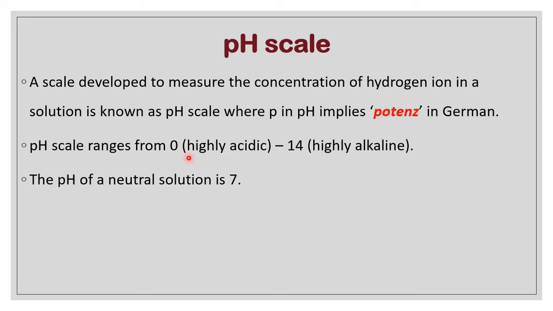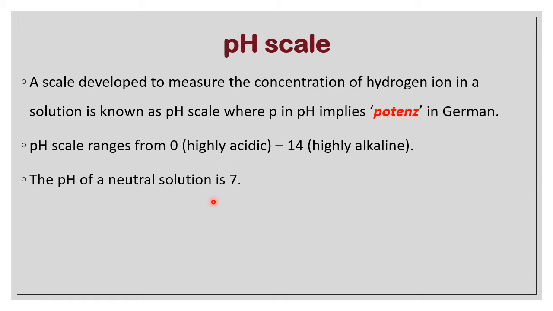The pH of a neutral solution is 7. Any solution whose pH is less than 7 is called an acid. Any solution whose pH is more than 7 has basic character, that means basic character dominates. But if the solution's pH is 7, it is neutral.